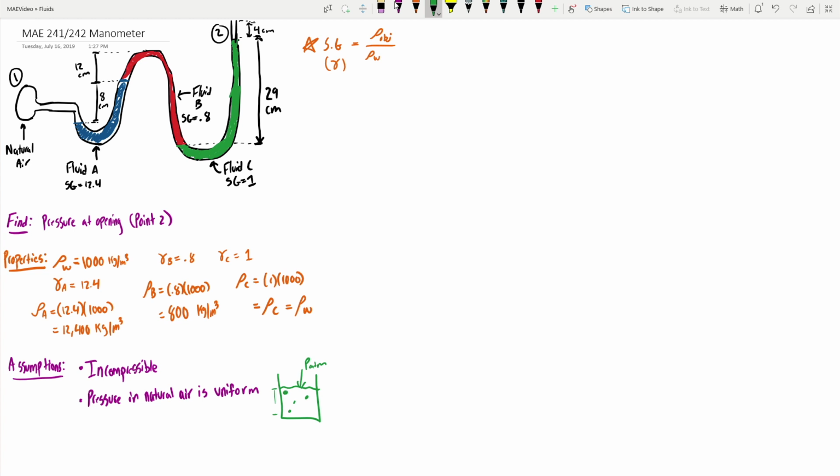Even if this location is higher than this location, the pressures will be the same because we're assuming that the pressure is uniform. That's a good assumption to make, so long as the density is really, really small. So that's why we can do that with air.